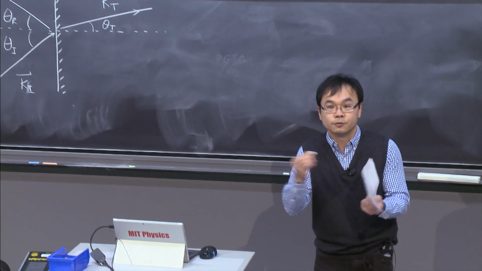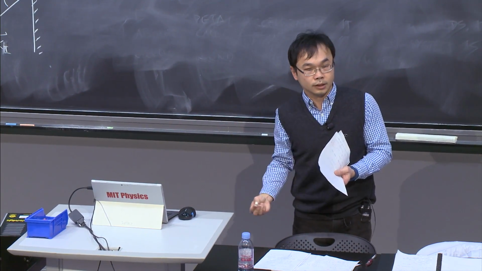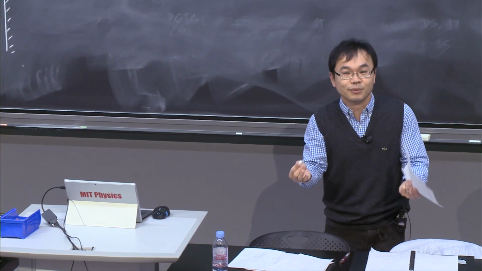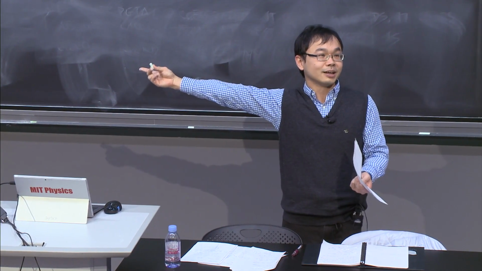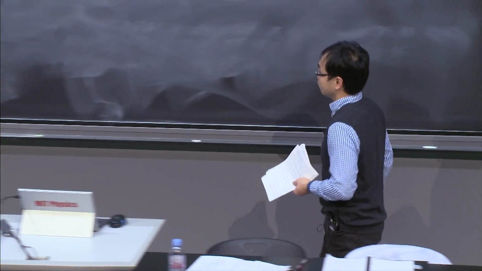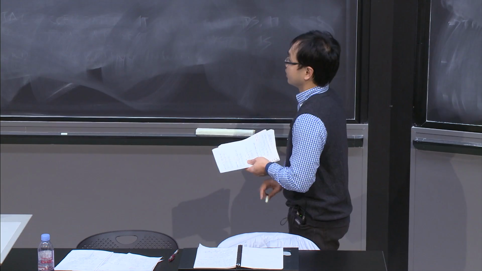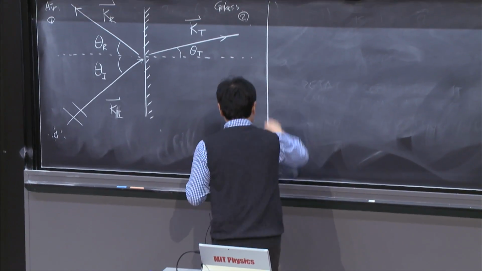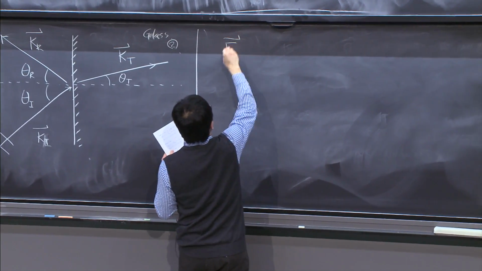Otherwise, you will have different wavelengths in the horizontal and vertical directions, and then the electromagnetic wave will break, right? Because you can always change your position when evaluating the total contribution of the incident, reflected, and transmitted waves.